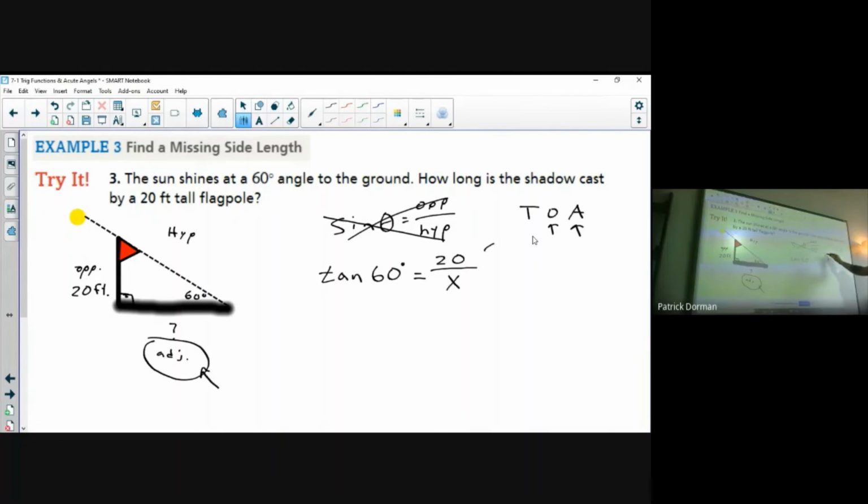And remember that was opposite over adjacent. Now we could multiply both sides by x and divide both sides by tangent 60, I guess, if we wanted to. I'm just going to do that, actually, because we have a tangent button on our calculator. I don't want to access the other trig functions. Let's do it this way.